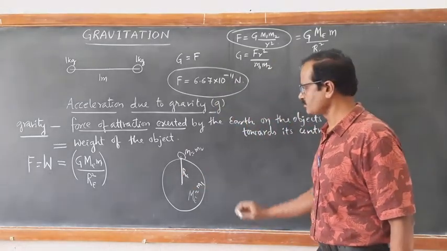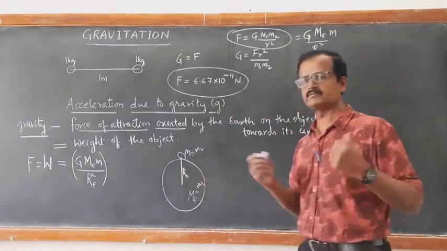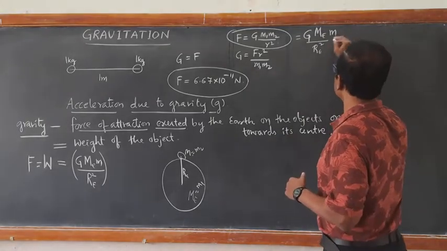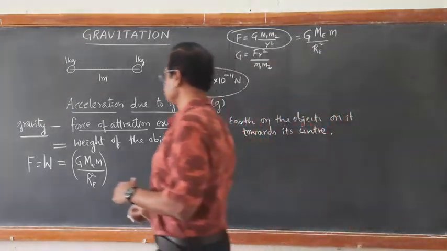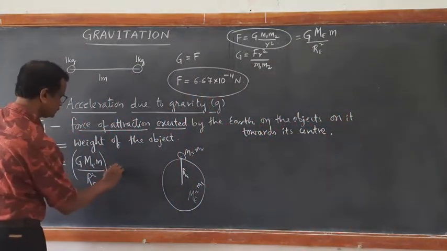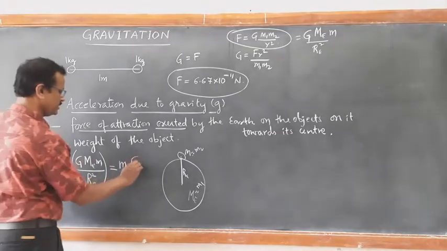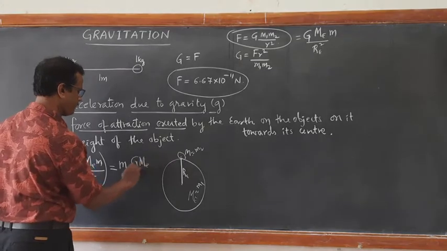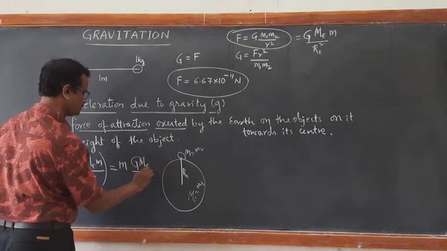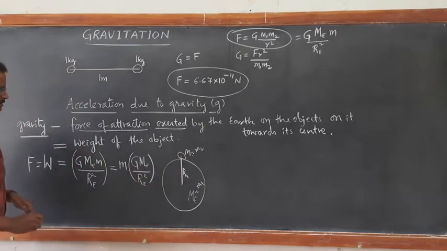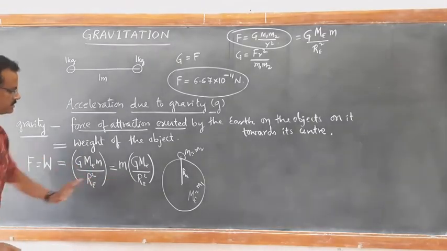Distance of this stone from the center of the earth is nothing but the radius of the earth. So this is how I get it. This can be further written as, I am writing m first, M into GME upon RE square as one bracket. So I have written this in another form.